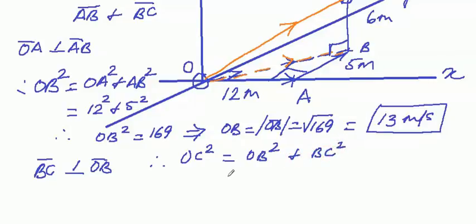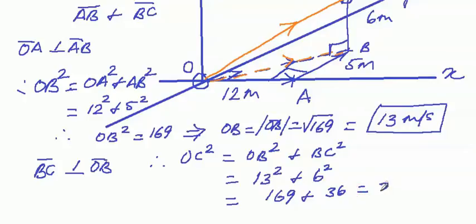So that's equal to 13 square plus 6 square. BC is 6. Now I will repeat, when I say OB, it is the magnitude of OB bar, and BC is the magnitude of BC bar. So this is 169 plus 36, that's equal to 205.